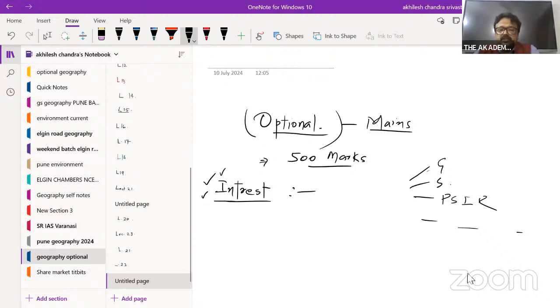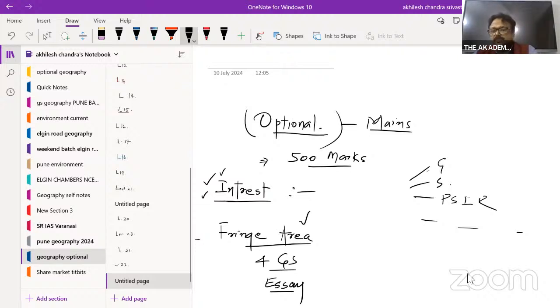So your interest is very much required. Then the second thing you should consider while choosing the optional is the fringe area. You are also going for four papers of GS, general studies, and then there is essay writing also. So, is there any fringe area of that optional?